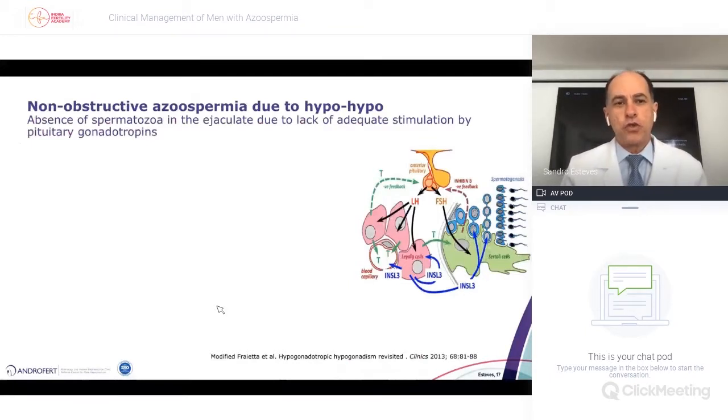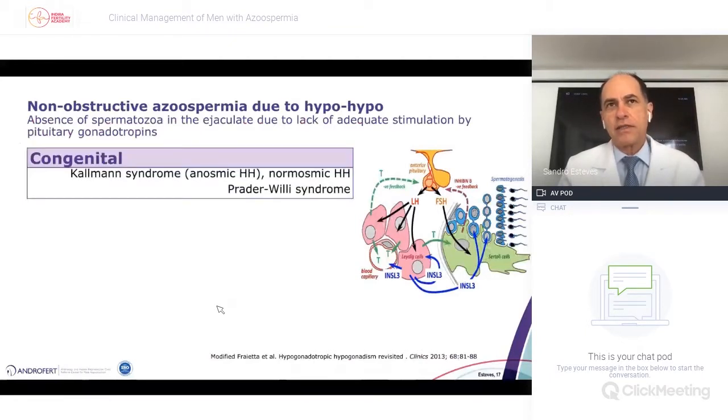It could be due to congenital conditions such as Kallmann syndrome. We can also have normosmic hypogonadotropic hypogonadism, and some congenital abnormalities such as Prader-Willi syndrome. These congenital conditions are related to lack of adequate communication between the hypothalamus and the pituitary.